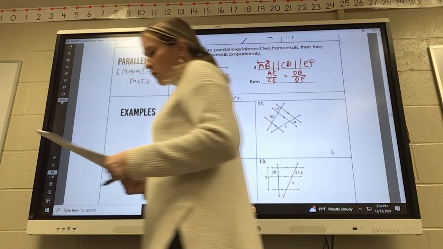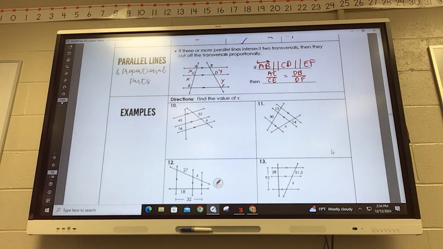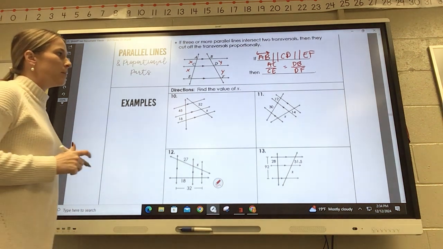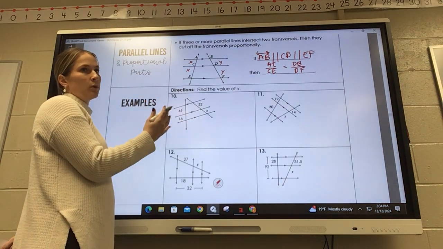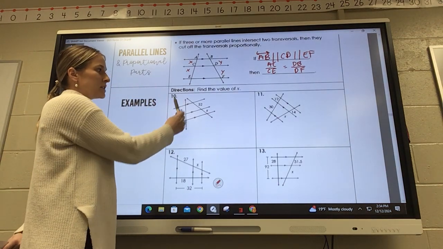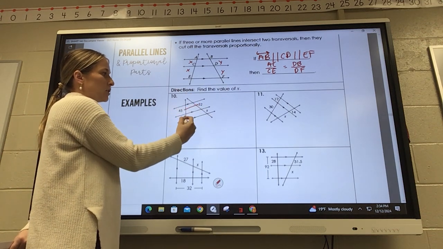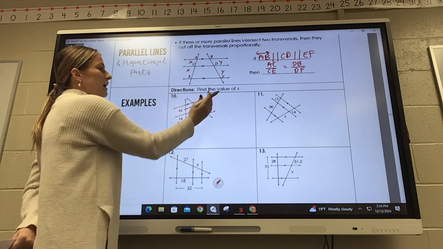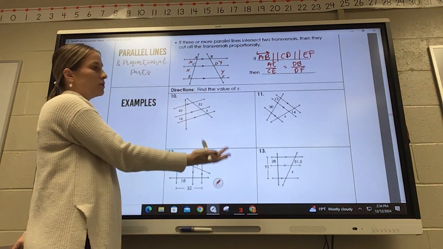Okay, so for number 10, are my 3 lines parallel to each other? Yes. So are all the chunks going to be proportional to each other? So if I want to find a missing piece for X, now remember there's multiple ways to set them up. I do same side, but you could technically do the 45 and 52 and the 18 and the X. As long as you set them up, however you do the one side is the same on how you do the other.